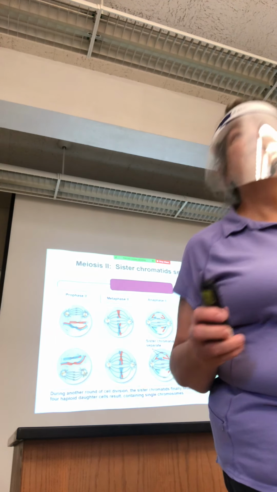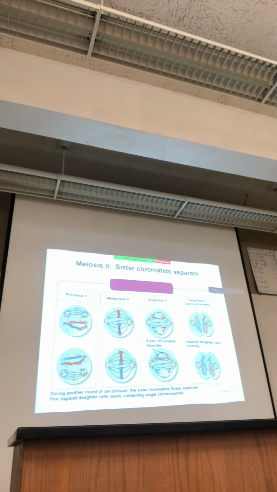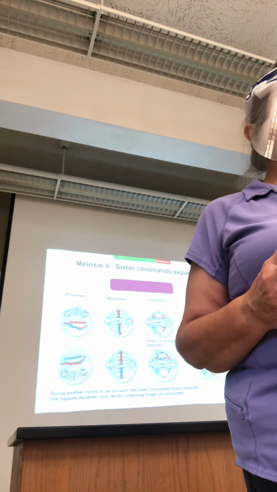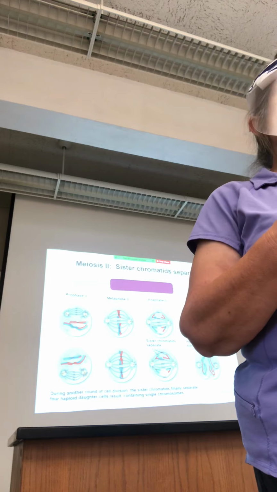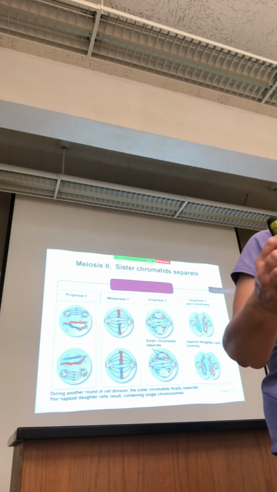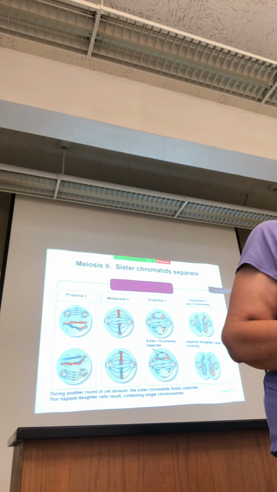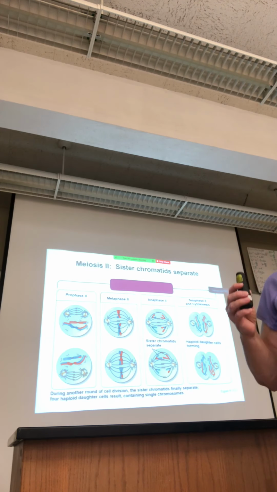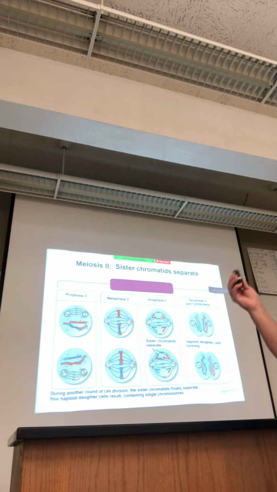So the only difference between meiosis and mitosis is... Say that. The difference between meiosis 2 and mitosis is that in meiosis 2, you're always dealing with a haploid cell.